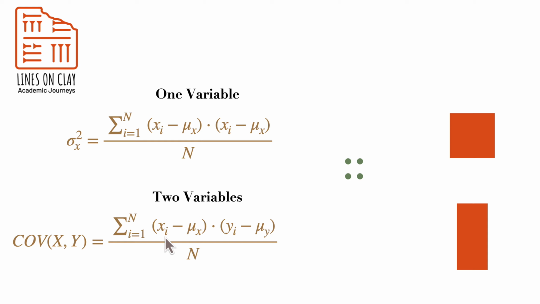So I'm looking at, say, observation 10, x took on a value and y took on a value. And I'm saying, well, hey, for observation 10, how did x vary from its mean? And I'm going to multiply that by how y deviated from its mean, and I'm going to do that observation by observation and add up all of the products of those deviations. And so that is really what covariance does, it's just kind of a two-variable version of variance.